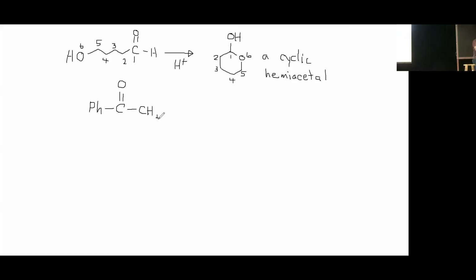Another variation on this is what if, instead of an alcohol, you have a diol, something with 2 OH groups? So for this, I'm going to go back to our acetophenone, since it's been around for a while.